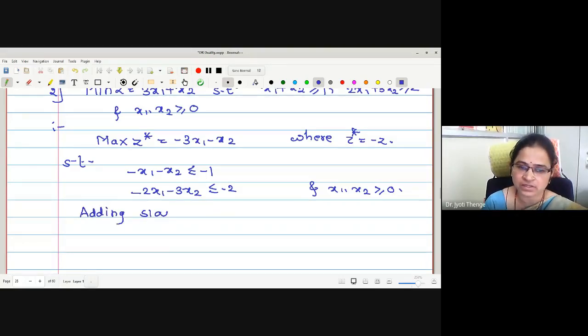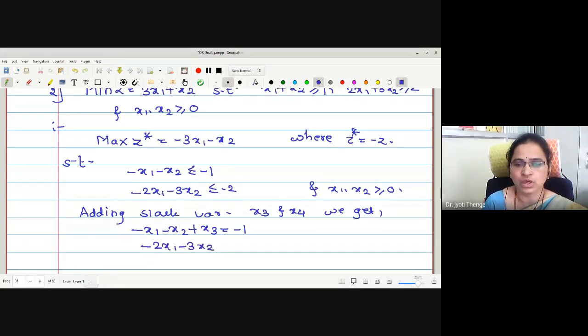Therefore, let us start adding slack variables x3 and x4. We get minus x1 minus x2 plus x3 equal to minus 1, and minus 2x1 minus 3x2 plus x4 equal to minus 2.